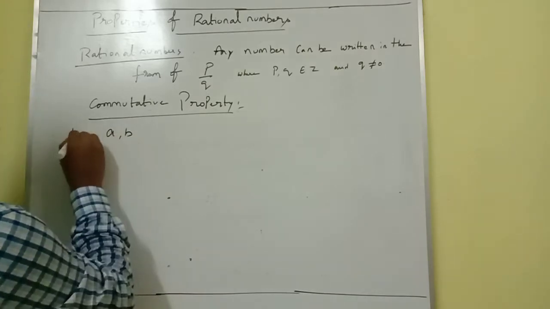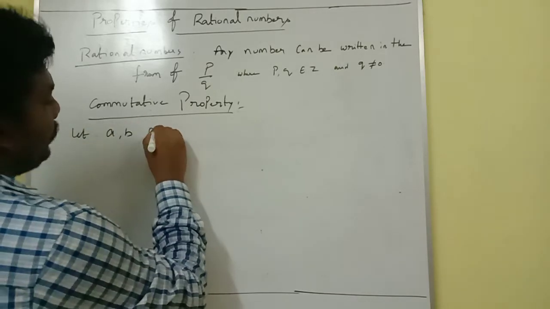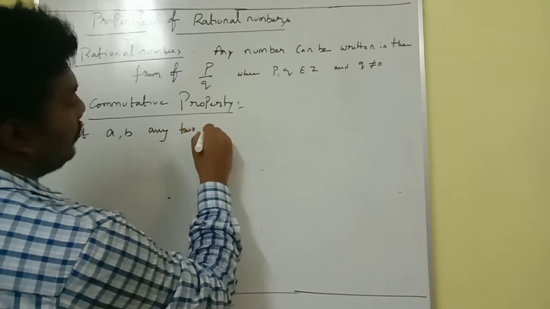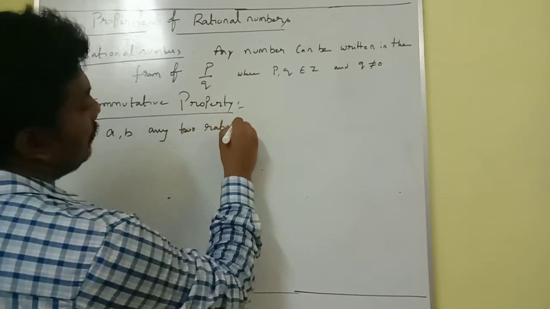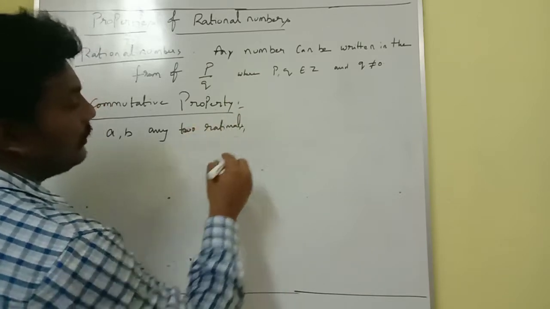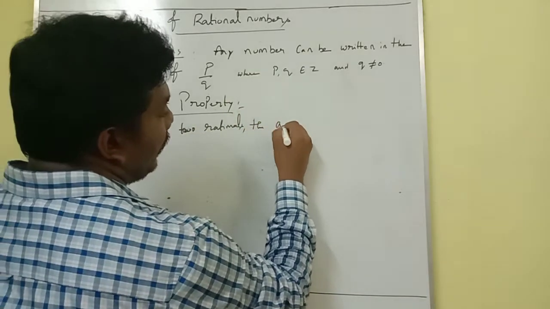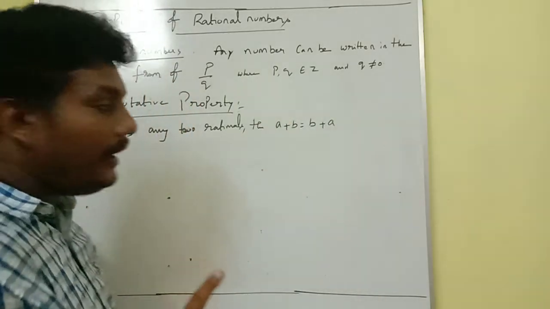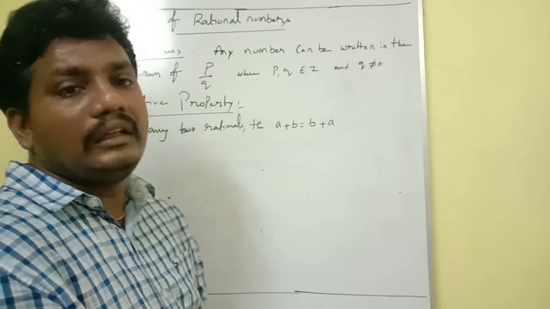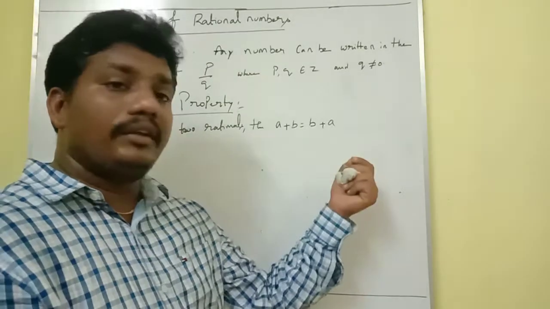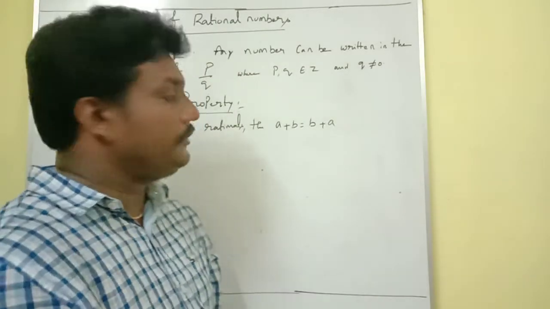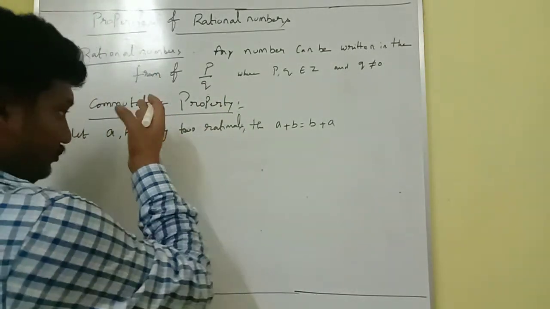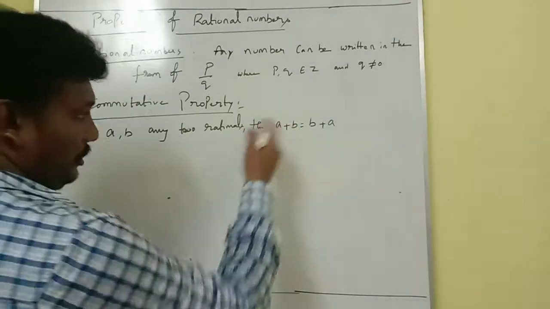Let a comma b be any two rationals, then a plus b is equal to b plus a. If you add a plus b, and then add b plus a, and both give the same result, then it is suitable for commutative property.